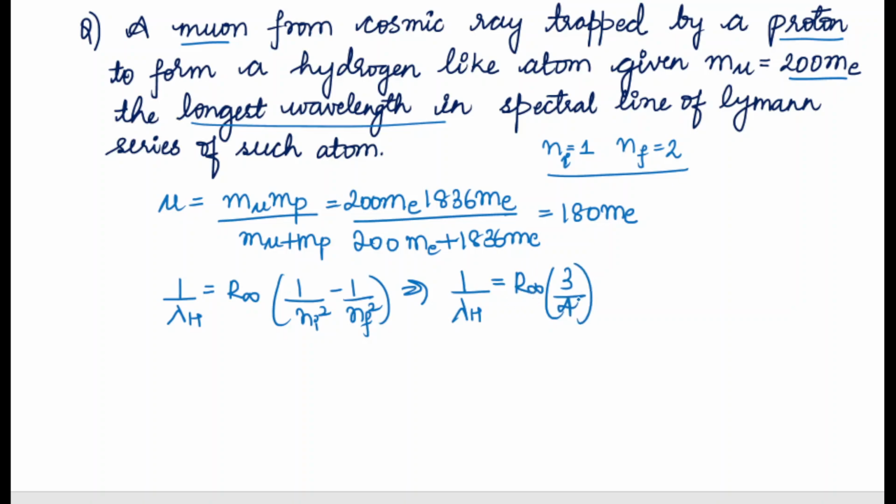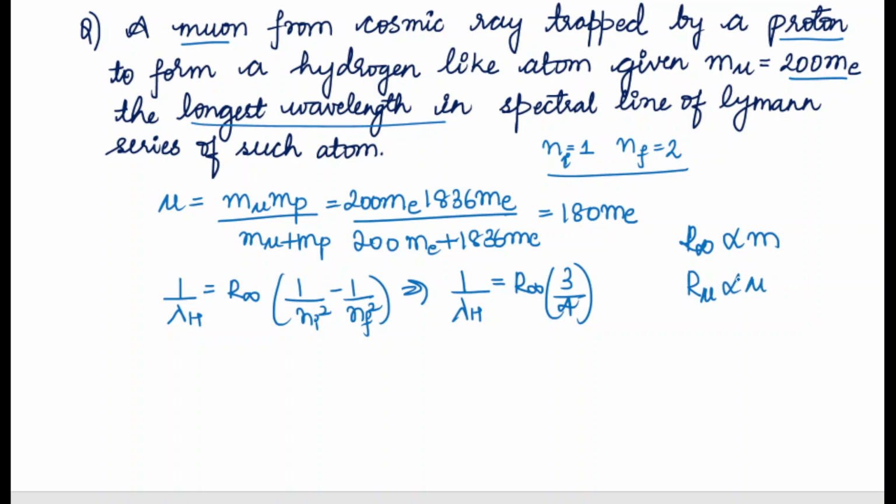Yes, in place of R infinite, the last problem was also very similar to this problem. R infinite depends on the mass. The muon and proton will form a meso atom only, so we will consider the meso atom. It is a Rydberg constant for the meso atom, which is directly proportional to the reduced mass.